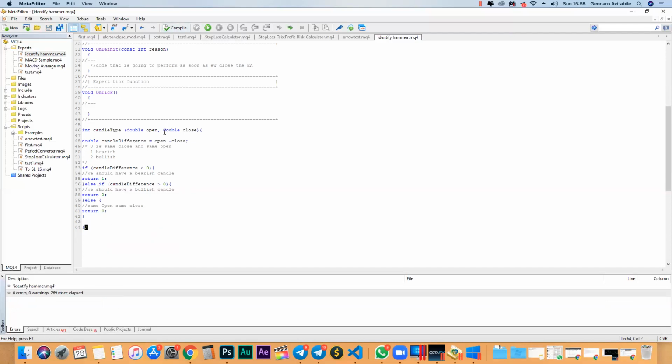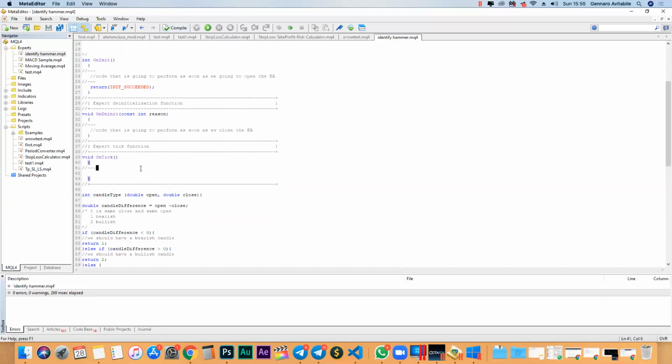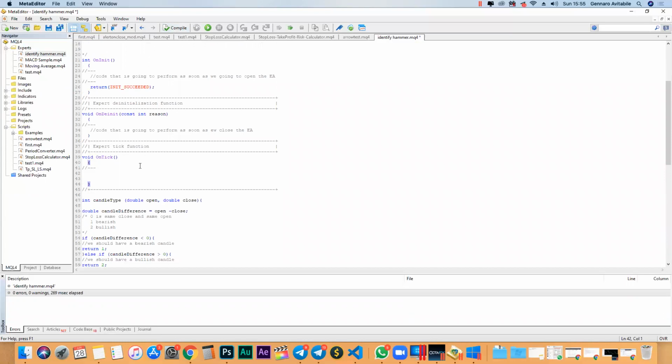Okay, easy fix. Let's just check the value of the last candle. Let's alert the user with the last candle. I don't know why it does that, but anyway.